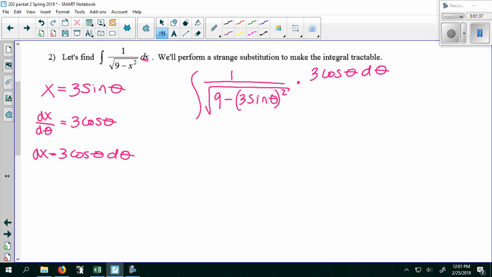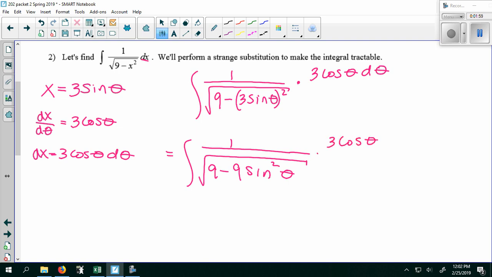Now I have some algebra work to do. This becomes the integral of 1 over the square root of 9 minus, and when I square 3 sine theta, you have to square the 3 and you get 9, and the sine to get sine squared theta, times 3 cosine theta d theta.